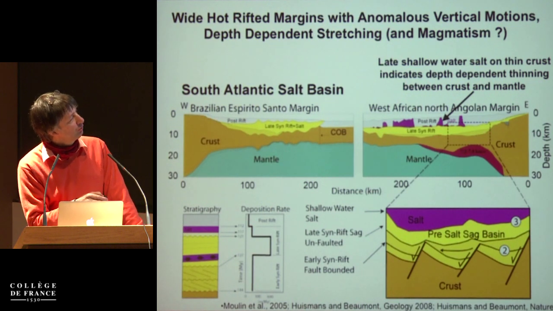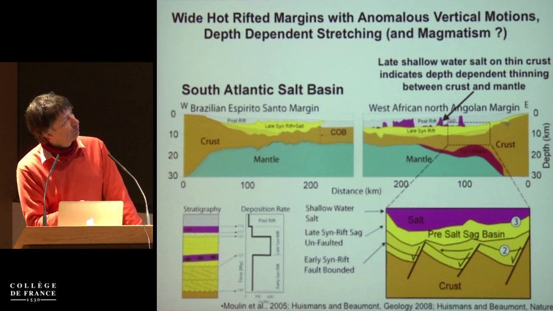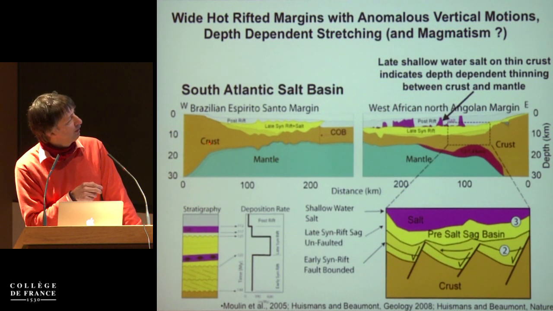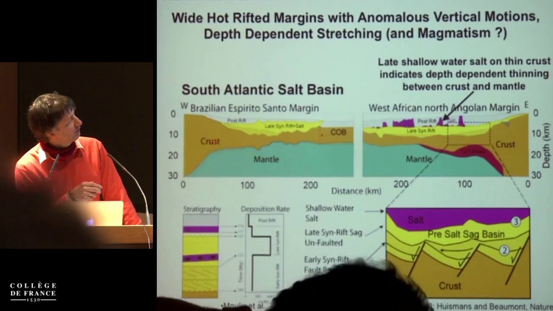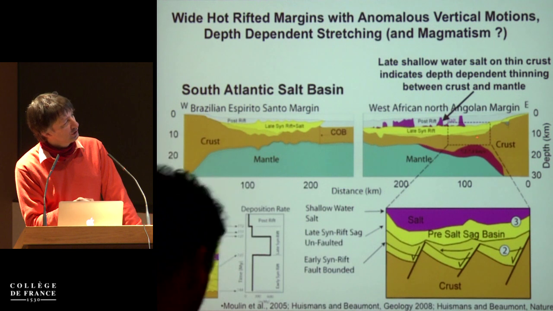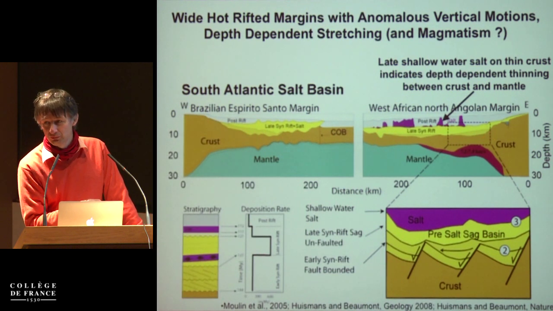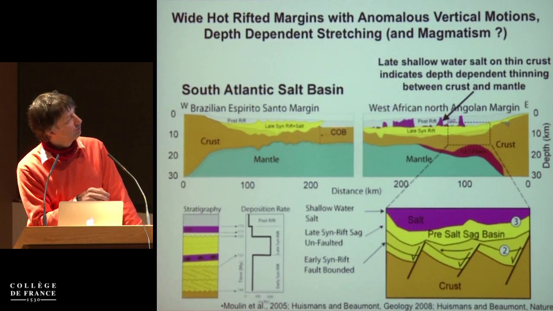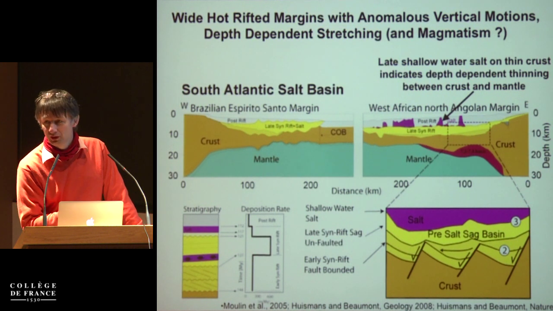And so here's a conjugate section through this margin, from the Angolan margin to the Brazilian Espírito Santo margin. One key characteristic that you can immediately pull out is that the continental crustal section is extremely wide. We're talking here about a 350 to 400 kilometer wide rift with very thin crust, about 10 kilometers or less.